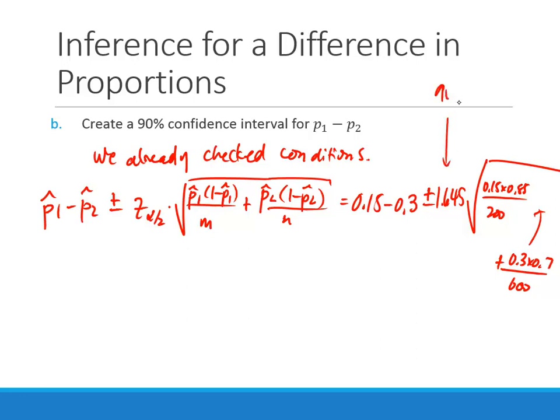This is because we want a 90% confidence interval. And if you do all those calculations, you will get negative 0.2017 all the way up to negative 0.0983.